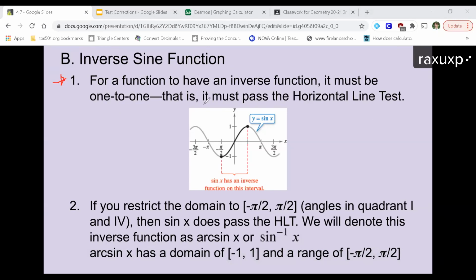None of the trig functions actually pass the horizontal line test, right? If we look at the graph of sine of x, it fails the horizontal line test because this horizontal line intersects it at more than 1 point. So that's a problem because we actually would want to be able to use inverse trig functions.